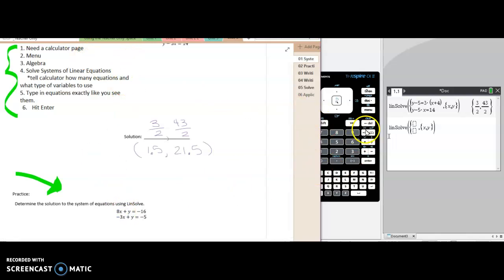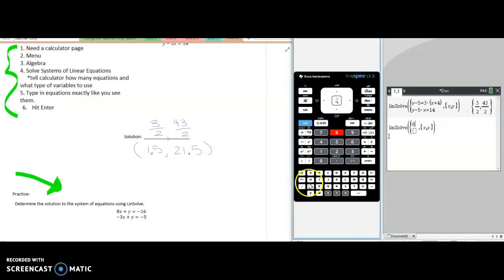All right, on the top, I'm going to put in 8x plus y equals negative 16. On the bottom, it is negative 3x plus y equals negative 5. Okay, and then hit enter.